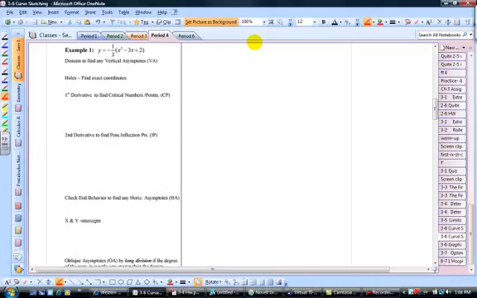Take a look at y equals negative 1/3 times the quantity x cubed minus 3x plus 2. We'll go through the steps, analyze everything first, and then do some detailed graphing of everything we know. First of all, it's a polynomial, and polynomials are always defined on the set of reals.